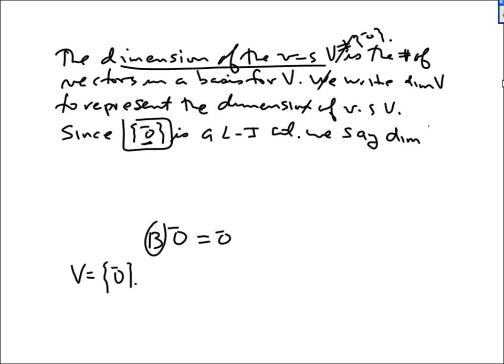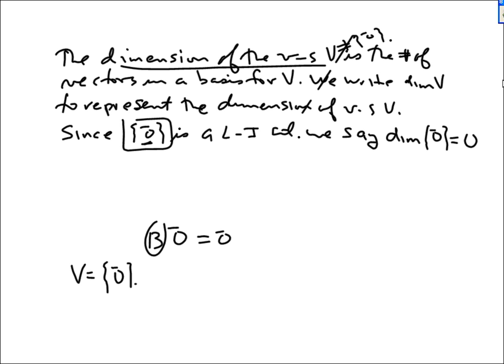So we'll say that the dimension of the set that just contains the zero vector is, oops, not the zero vector, but the real number 0. So there is no basis for the set of vectors that just has the zero vector.